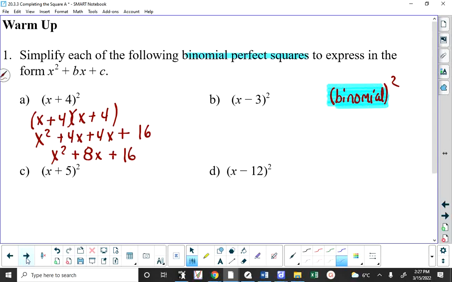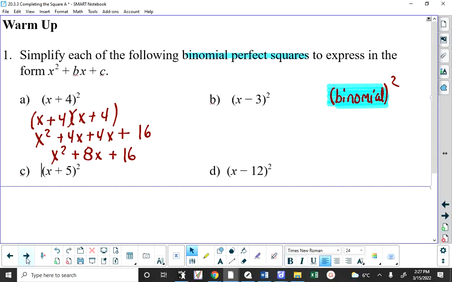So what I would like everybody to do is calculate, simplify, expand. I want you to find out what these other three binomial squares are when you square them.